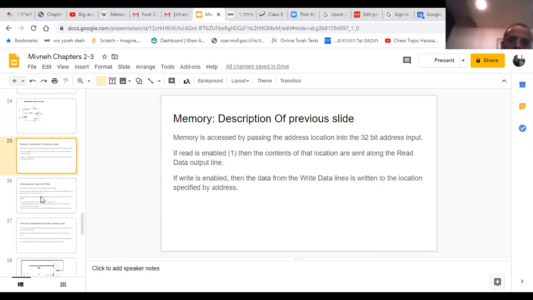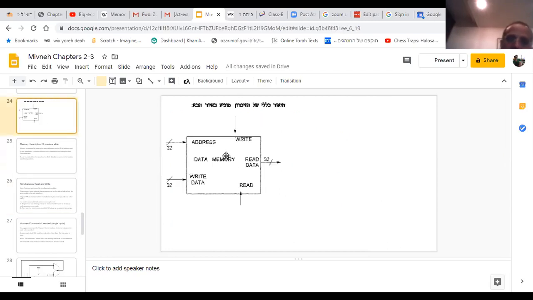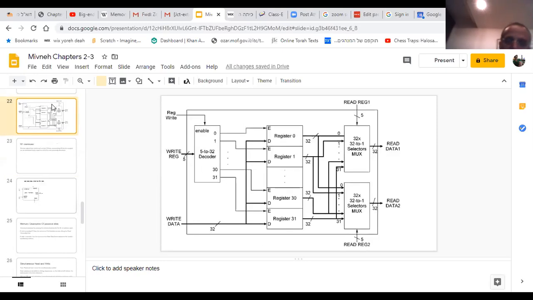Okay, simultaneous read and write. Note, read and write cannot be simultaneously enabled. In other words, I can't say both write and read, which is not true of the RF, the register file. There I can have this lit and also read. I can read and write at the same time. Now the question comes up, what are you reading?